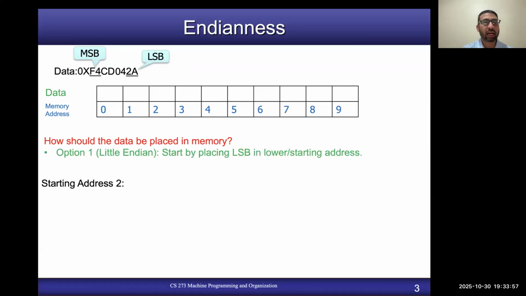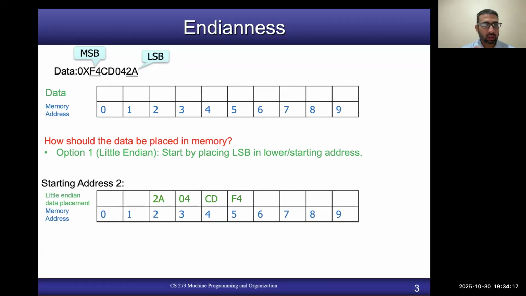One option is to start placing the data in the memory starting from the least significant byte. This approach is known as little endian. For example, if we start at address 2, then 2A will go to the memory location at address 2.